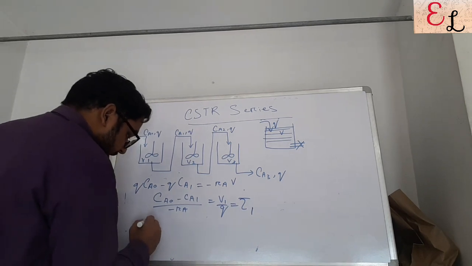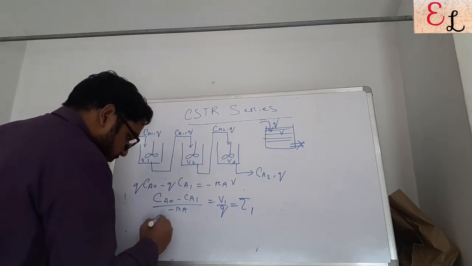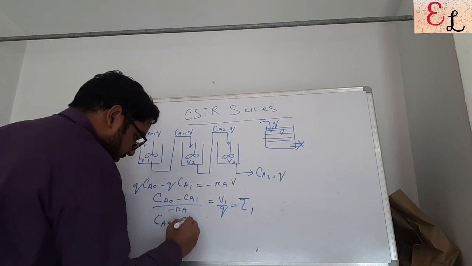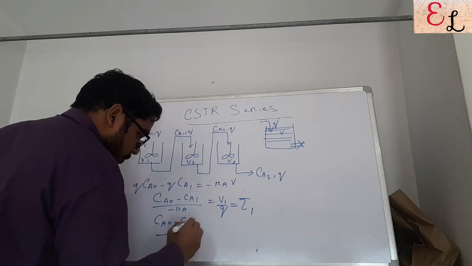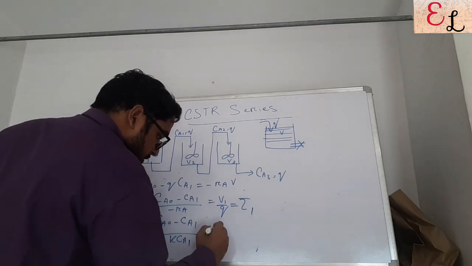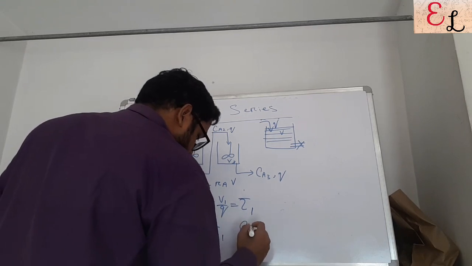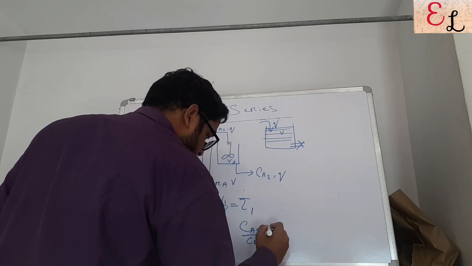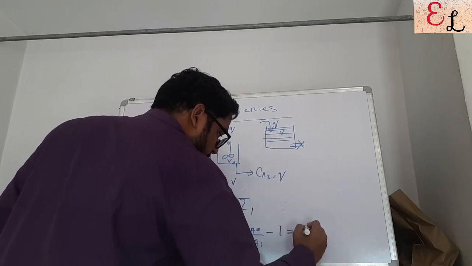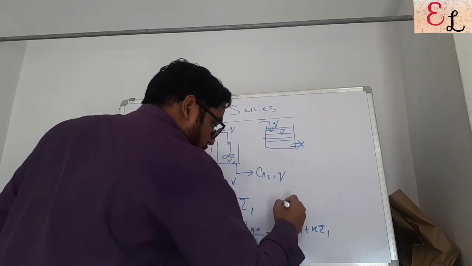Now if we express minus RA as KCA1, then CA0 minus CA1 by KCA1 equals tau 1. We get CA0 by CA1 minus 1 equals K tau 1.